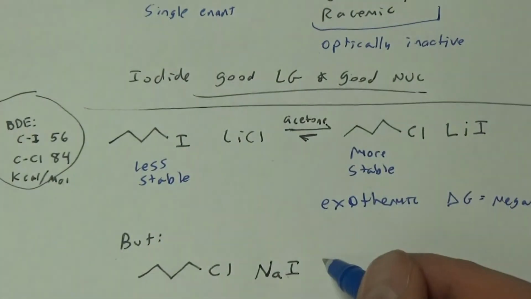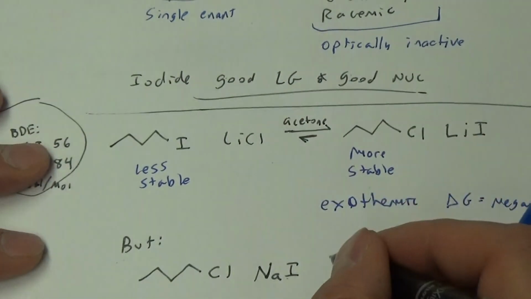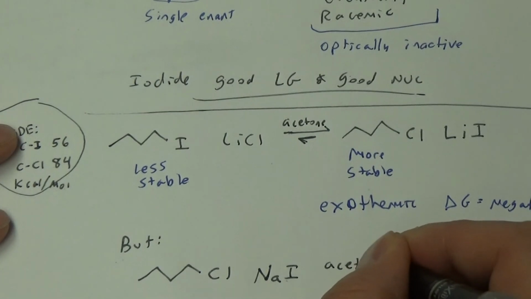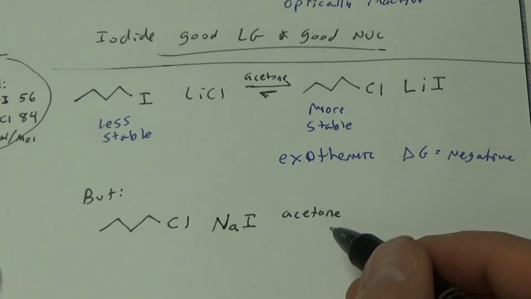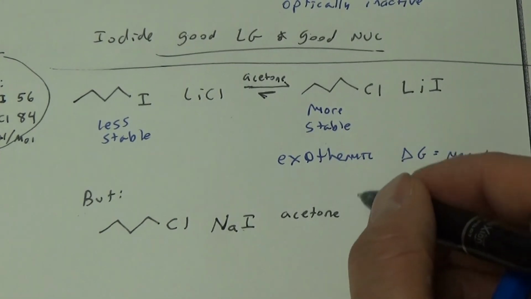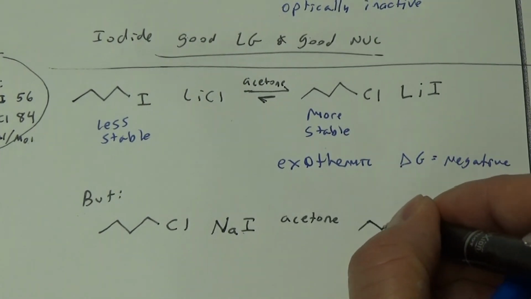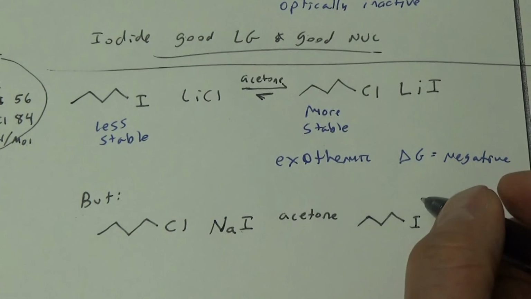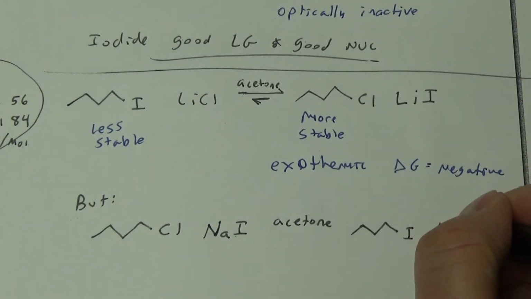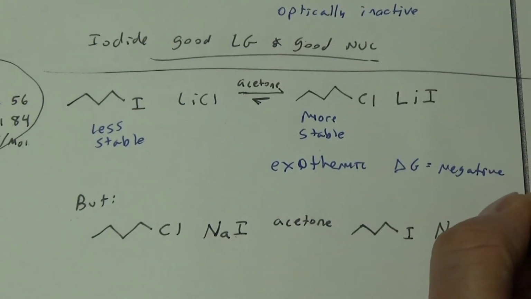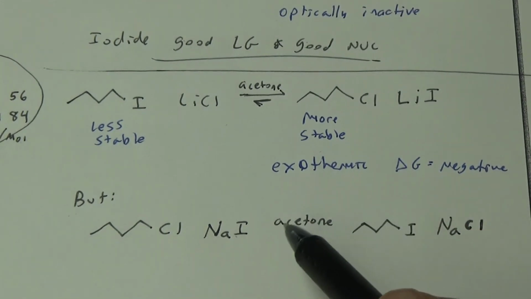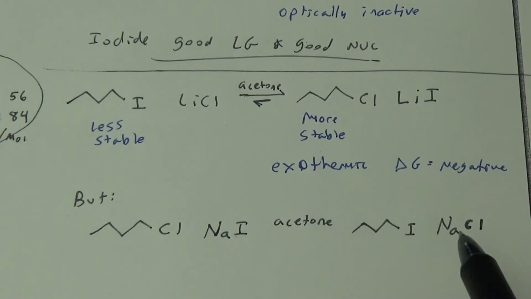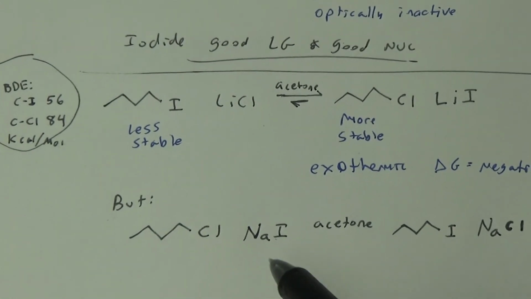And I'm going to react it in acetone, so I'll leave the equilibrium arrow out temporarily. And then I'd form the iodide, right? And I'd form NaCl. The question is, which direction is this equilibrium, based on what we just explained?